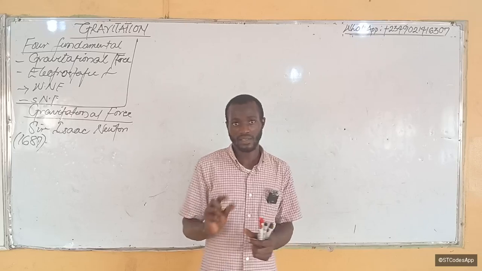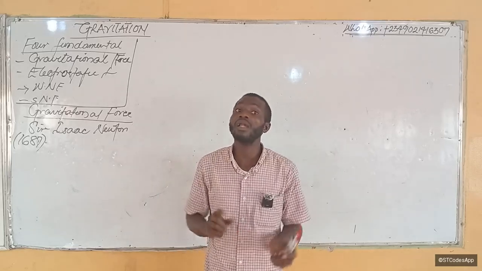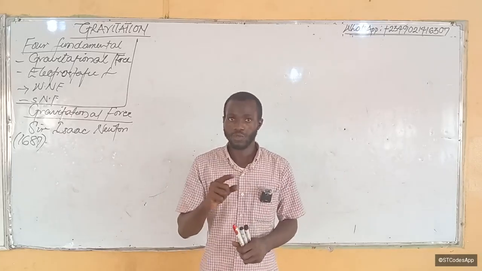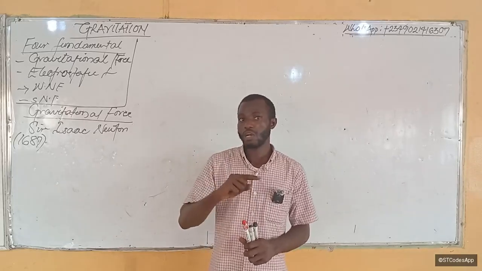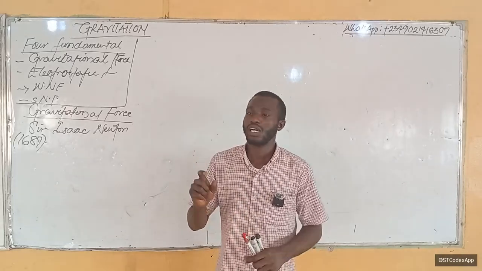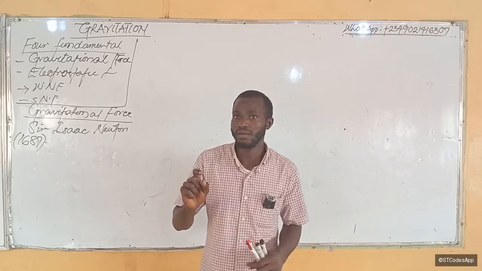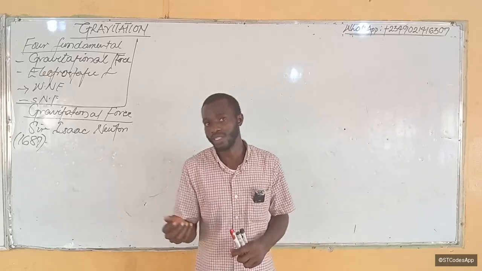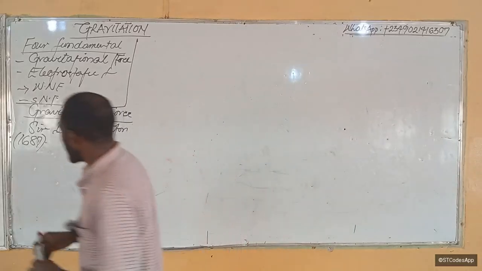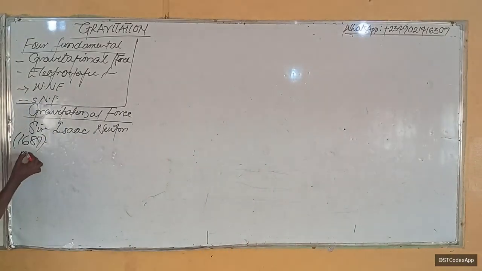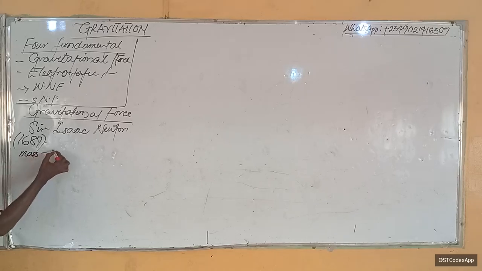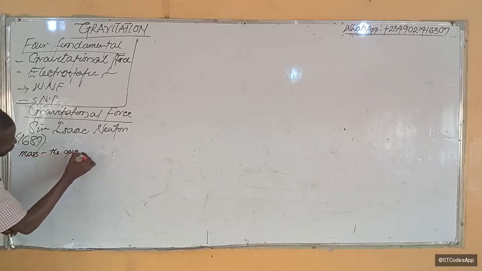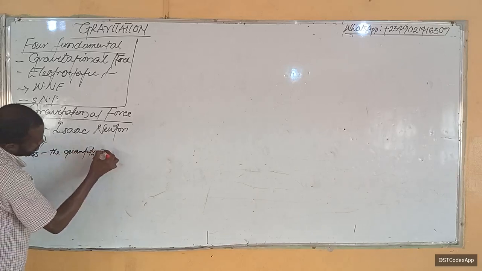Mass is a fundamental property of all matter. Is that clear? It means that there will be no matter without mass, because matter has to exist as something. That's how we define mass. Mass is the quantity of substance in matter.